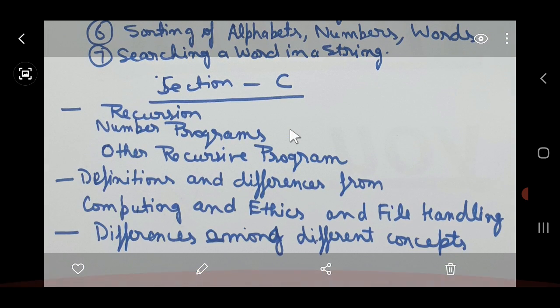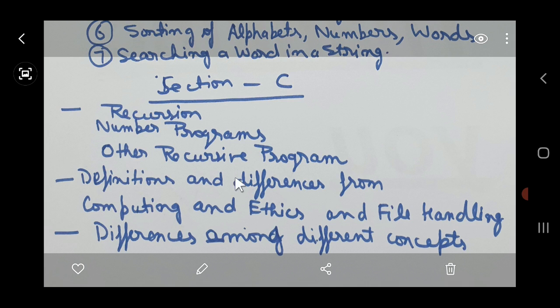Students, after that, section C: recursion, that is number programs and other recursive programs. Whatever you have done, you have to be clear about the concept of recursion, because once you know how to run the loop, from that you can pick up the idea of designing a recursive function.